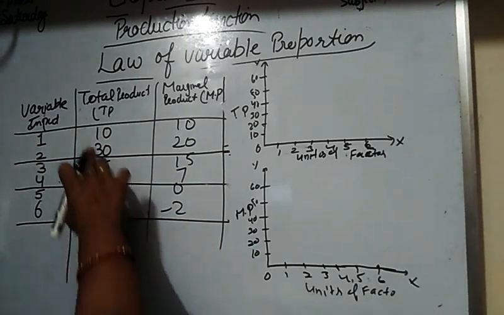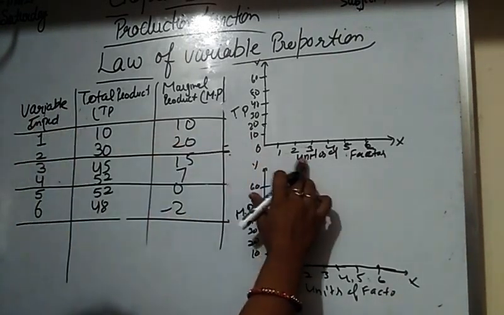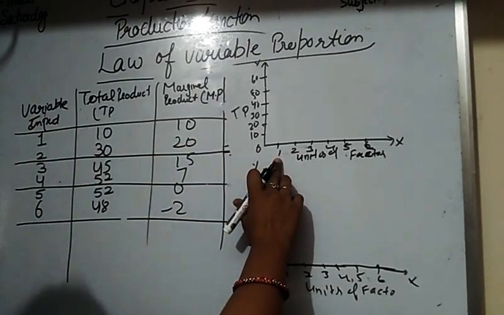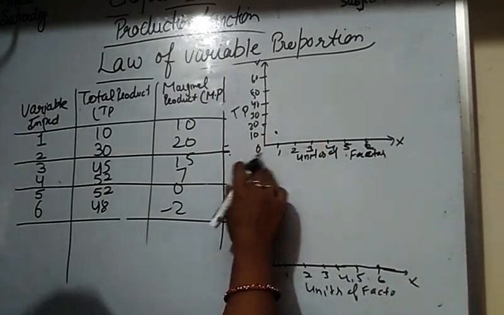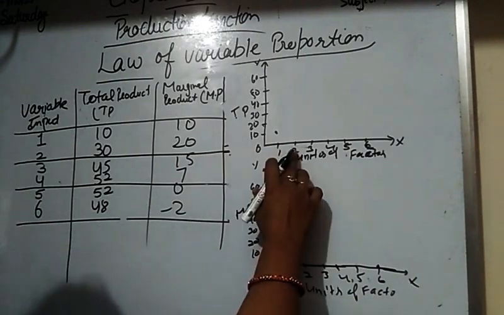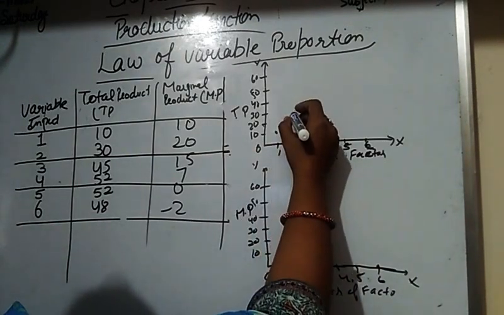So when variable input is 1, total production is 10. When variable input is 2, production is 30.